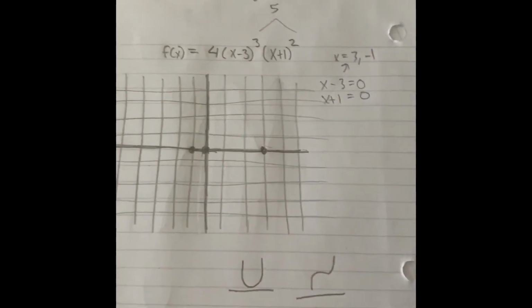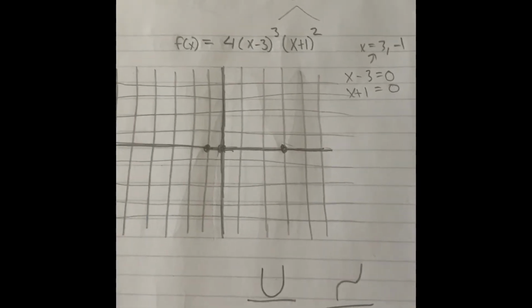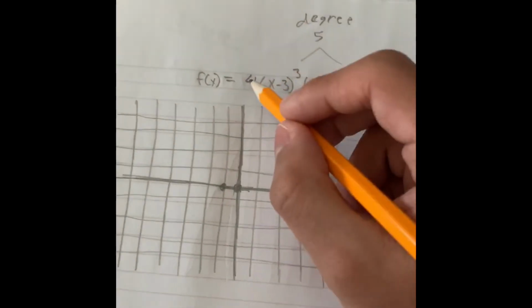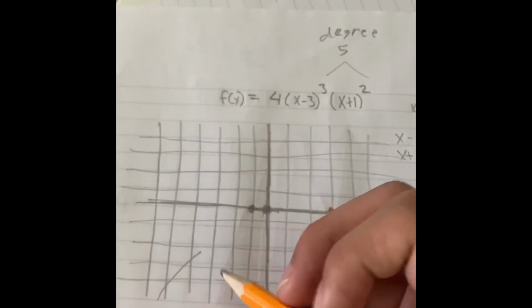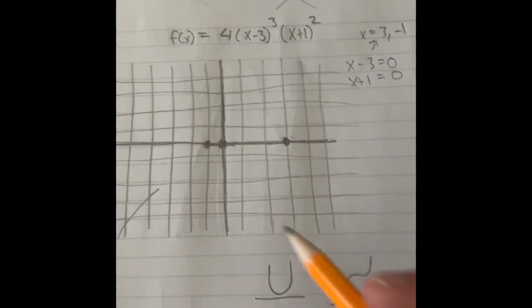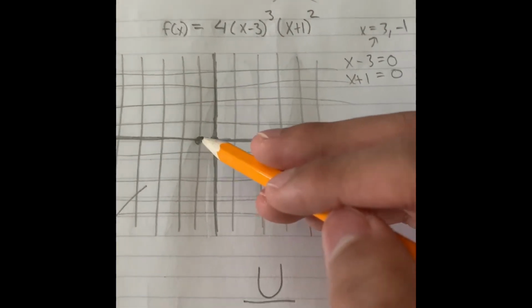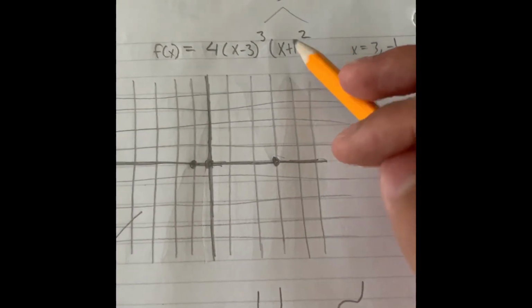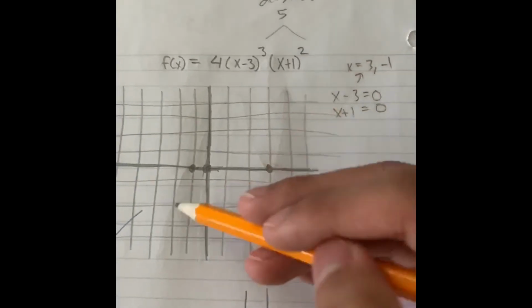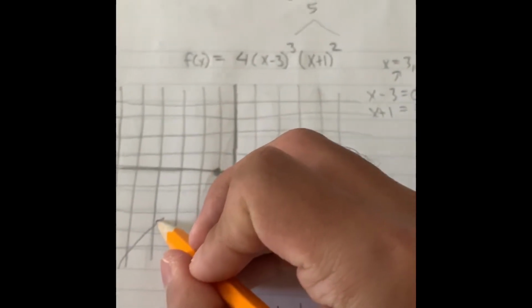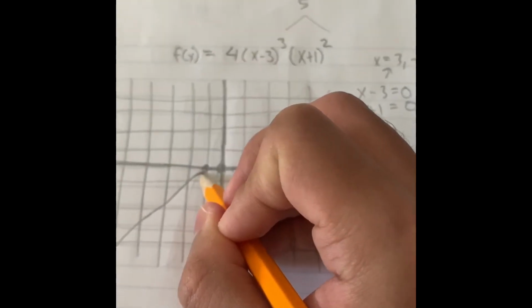So since it's odd, let's do the squiggle. Since the leading coefficient is positive, you don't have to flip it. So it comes down from over here, and then it has to cross through negative 1. But what is the power of it? Well, the power is 2, which is even, so it bounces right over.